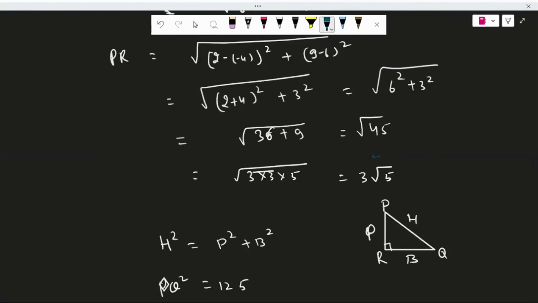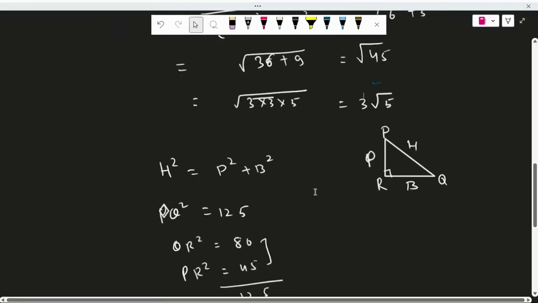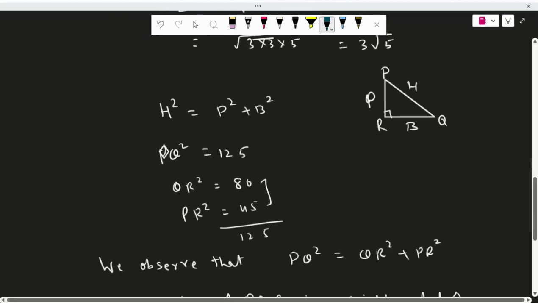After that, we used the Pythagoras theorem. It says that hypotenuse square equals the sum of opposite square and adjacent square, meaning hypotenuse square equals perpendicular square plus base square. We see that the longest side is PQ, because PQ square is 125, the greatest one.